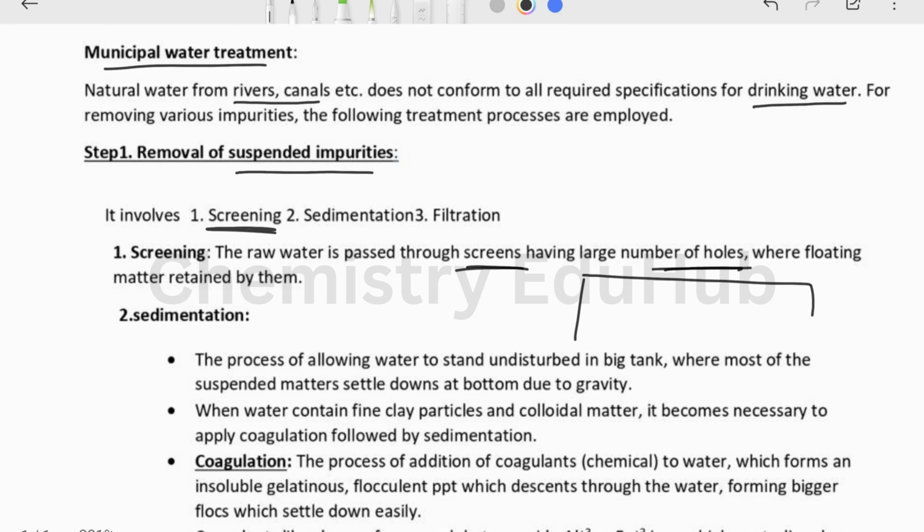The heavy floating objects, rags and sacks, etc., can be separated or filtered by the screening method. This is the first and foremost basic step involved in the removal of suspended particles.